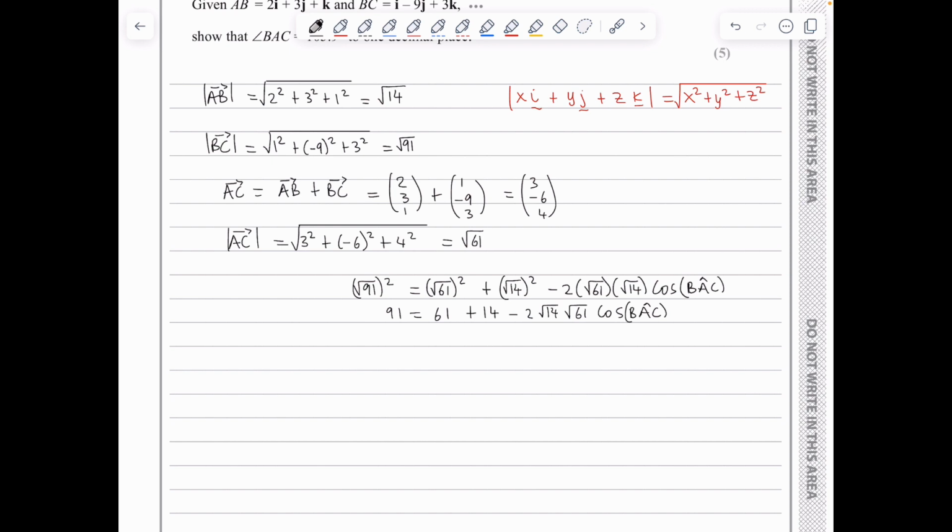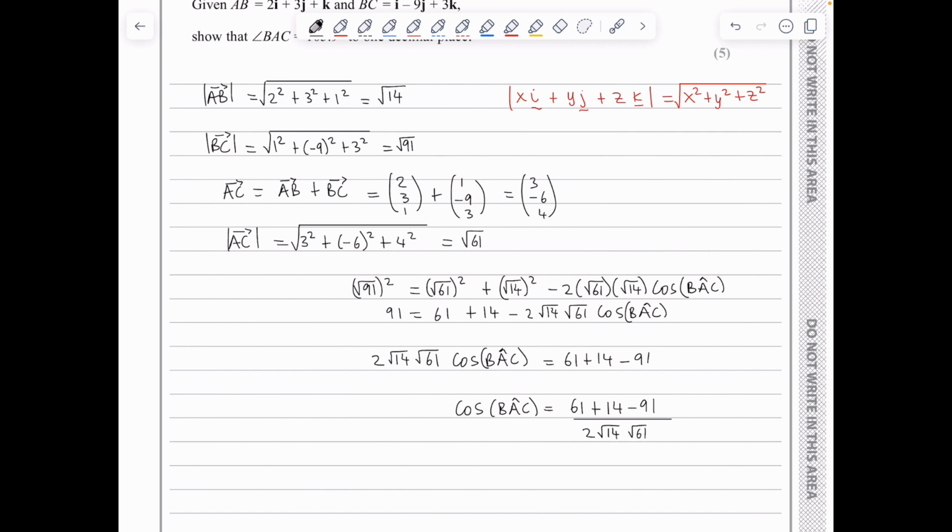I will isolate the cosine term, so 2 root 14 root 61 cos of BAC is equal to 61 plus 14 minus 91. So cos of BAC is simply going to be 61 plus 14 minus 91 over 2 root 14 root 61.